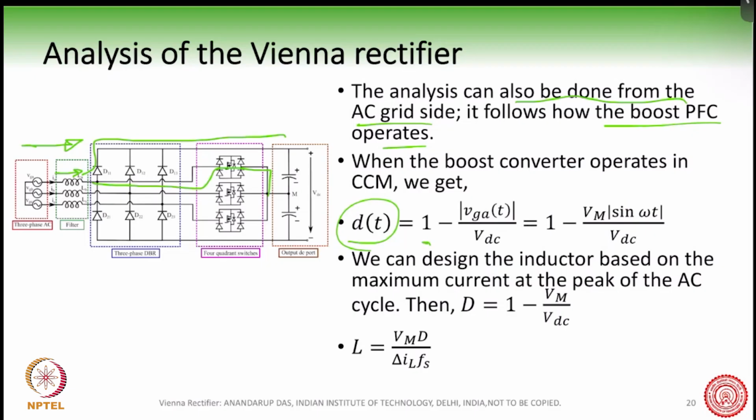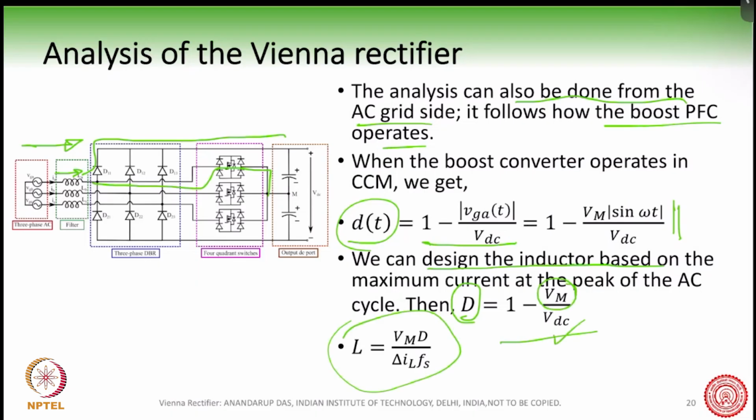The duty ratio is something like this: 1 minus VGA, the grid voltage, divided by VDC, which is like Vm mod of sine omega t. We have also designed the inductor based on the maximum current at the peak of the AC cycle, and then the capital D was 1 minus Vmax divided by VDC.